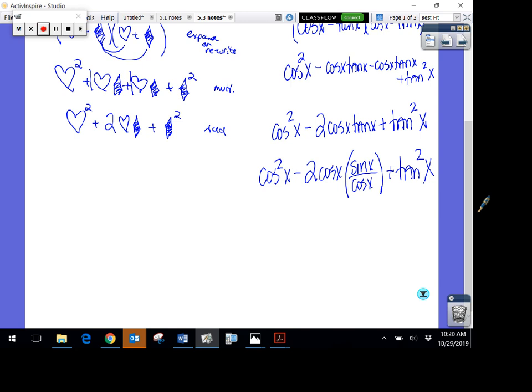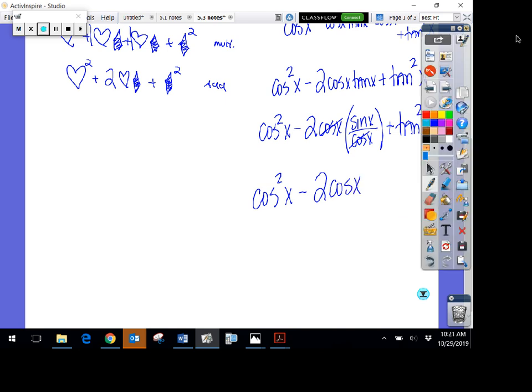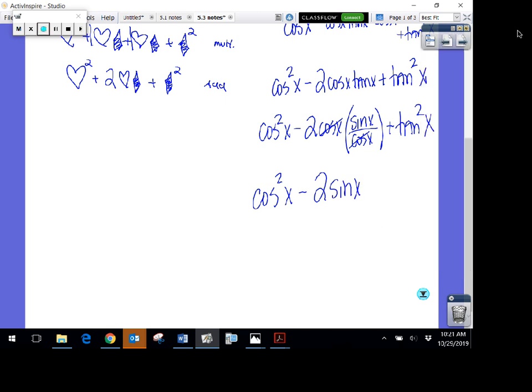If I'm going to do some kind of simplifying, I need to show that I changed tangent to sine over cosine. And then those cosines, I can divide them out. Cosine divided by cosine is 1. So I'm left with cosine squared x minus 2 cosine x. Nope, sine x, because cosine divided by cosine was 1. Plus tangent squared x.